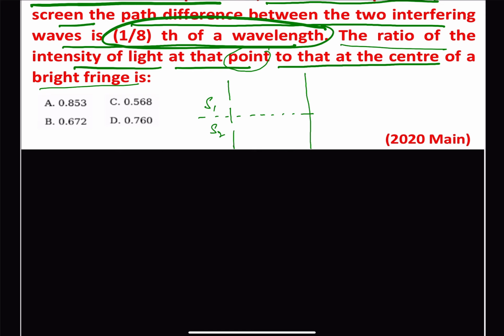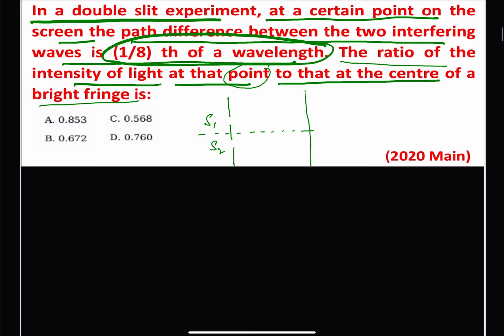Okay. And at a particular point, let us suppose this is a point P, and at this particular point it says that the path difference, which is usually represented by delta x, will be equal to lambda by 8. Okay.